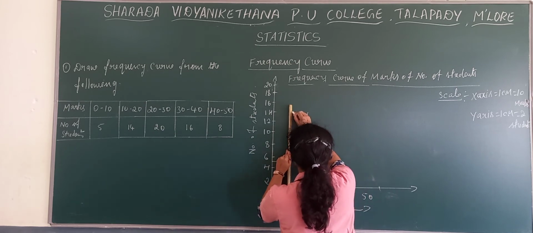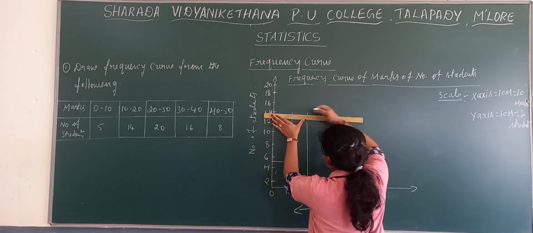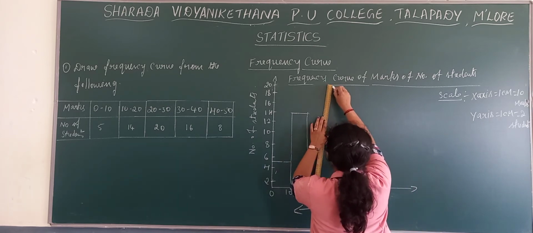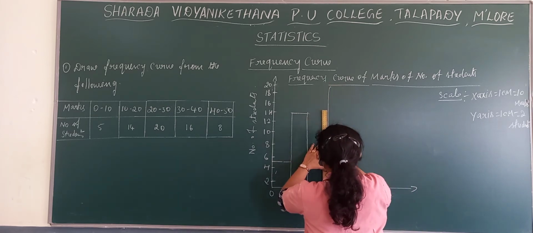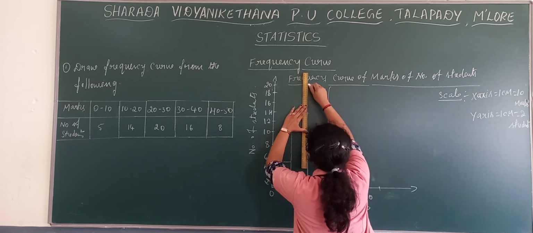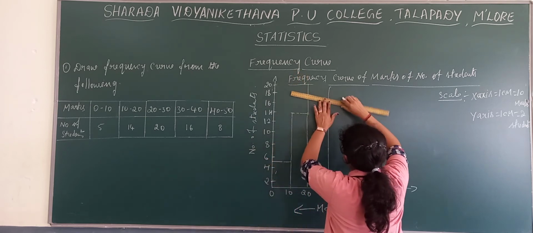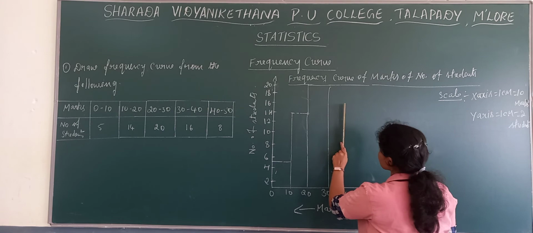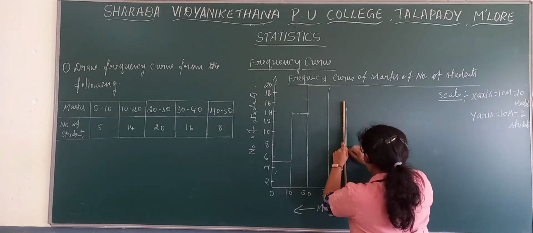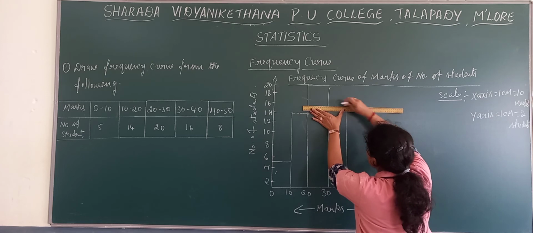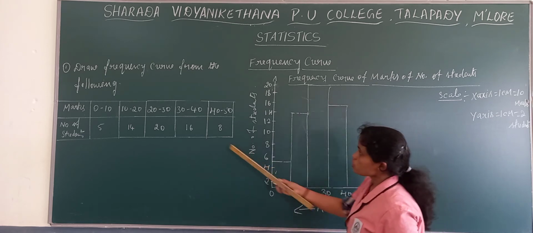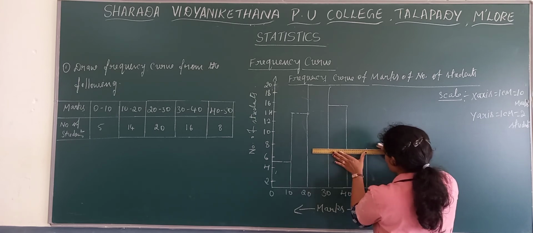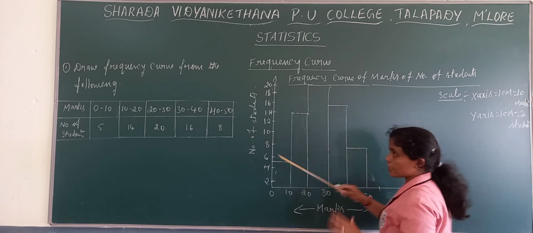Next one, 20 to 30 it is 20. Next one, 30 to 40 it is 16. And last one, 40 to 50 it is 8. This is just an example.